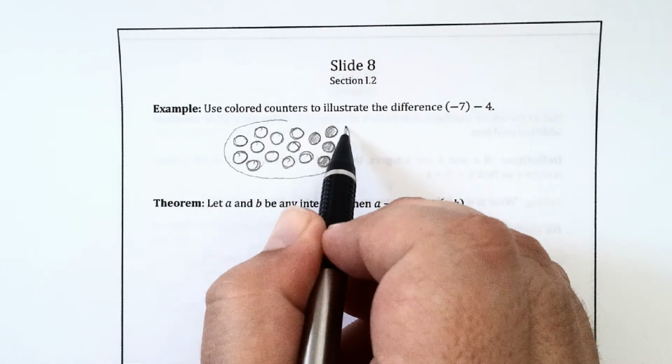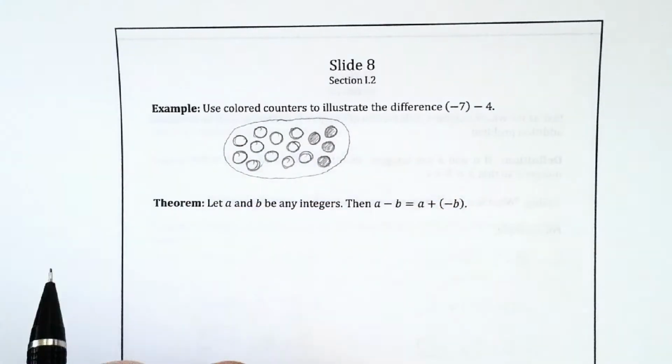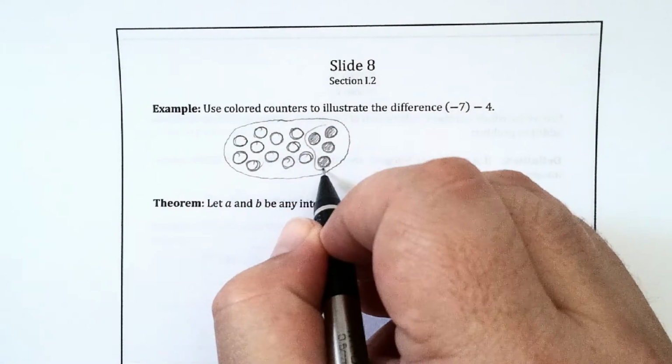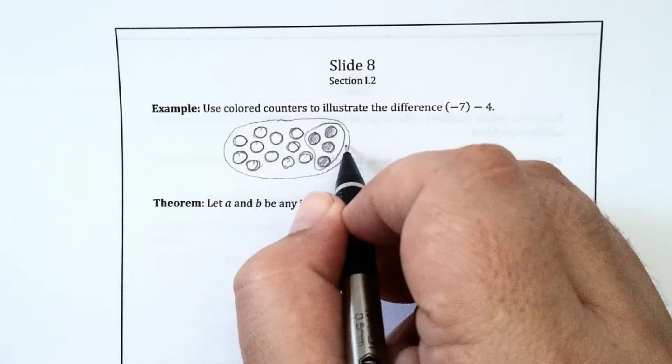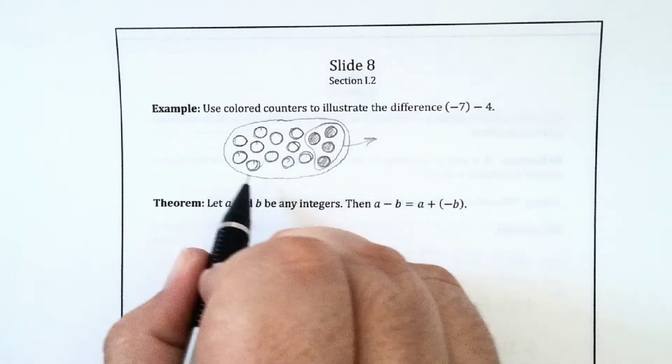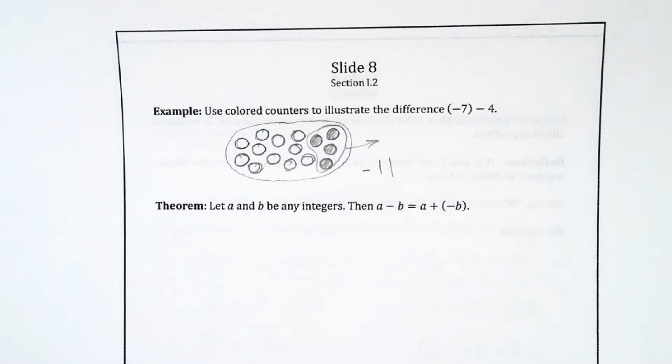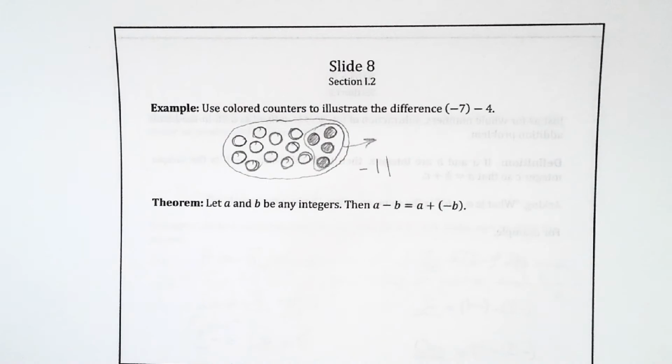Well, it still represents negative 7. Same thing. But now I can take away the positive 4, and that leaves me with negative 11. So I really think colored counters help illustrate what subtraction of integers means better than anything else.